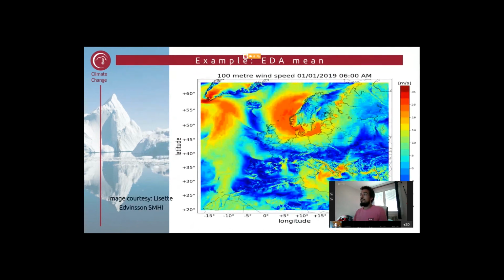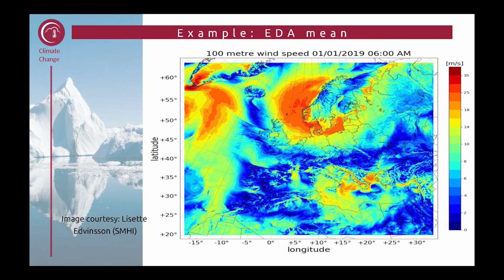Now I'm going to show you an example of how you could use the EDA mean, because for CERRA-EDA we can make available the EDA mean and the EDA standard deviation, so you can get an idea of the spread in the mean. What you're looking at here is an image that I took from Lisette Edvinson, thank you very much, showing the EDA mean.